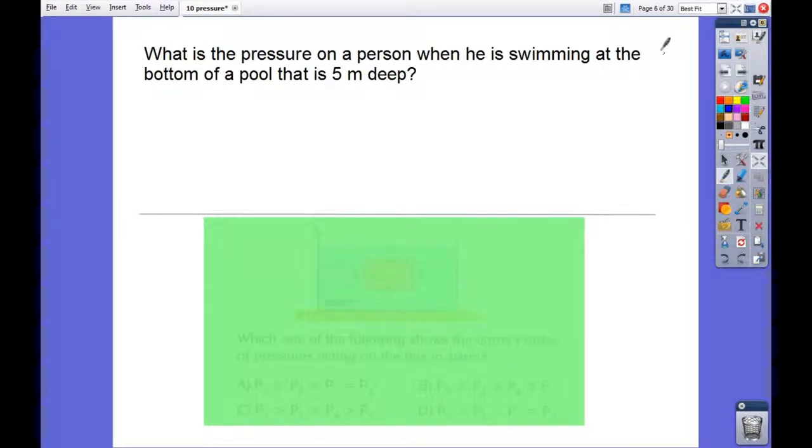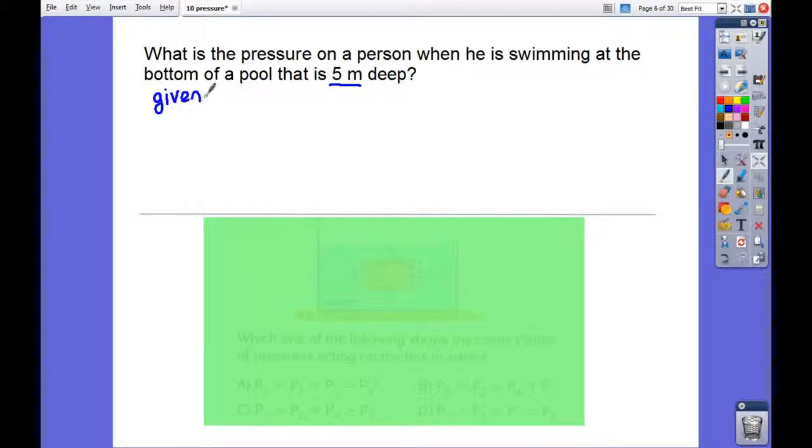Example: what is the pressure on a person swimming at the bottom of a pool that is 5 meters deep? The only information from this question is the depth of the swimmer, but another variable should be memorized, and we have to recall it very well.